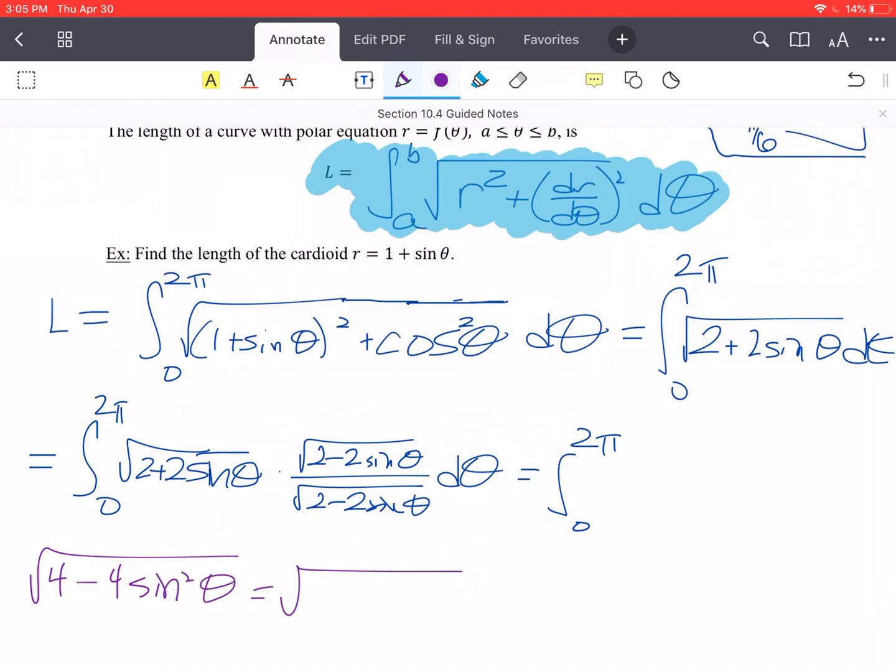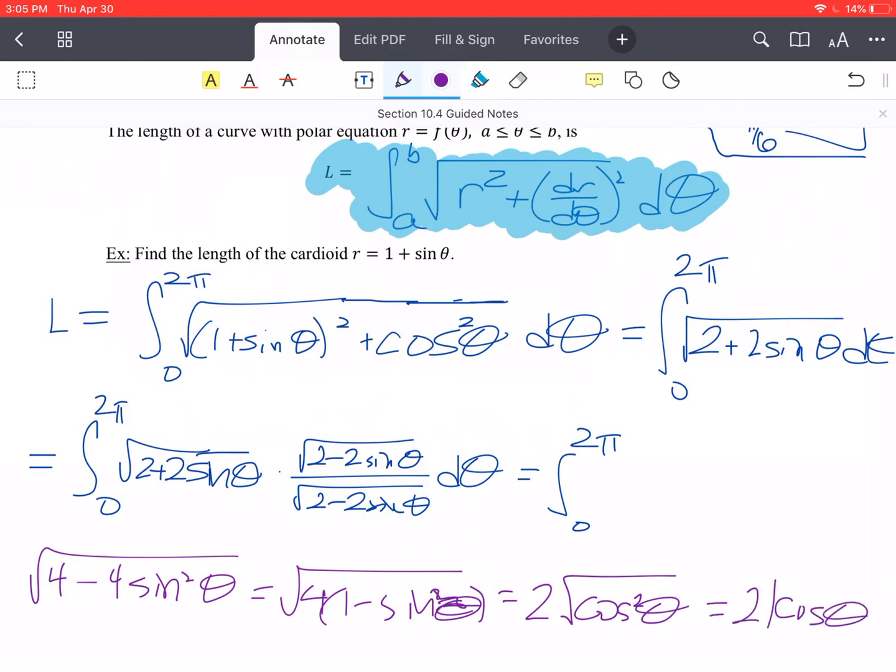So this becomes 4 times 1 minus sine squared theta, which becomes 2 times the square root of cosine squared theta, which is 2 times the absolute value of cosine theta.